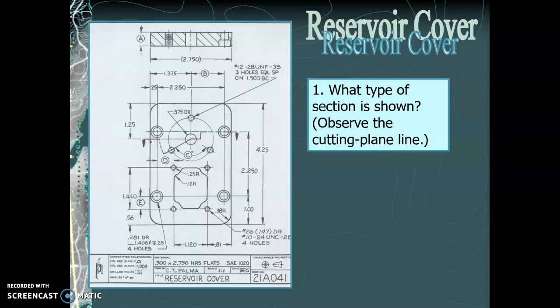The cutting plane line comes across here and then angles down, it rotates down, and then comes up at an angle and over, and it jogs up and across. Anytime you have a cutting plane line that is not a straight line, that is moving around in order to pass through intentionally the points of interest in the object, that is what we call an offset section.